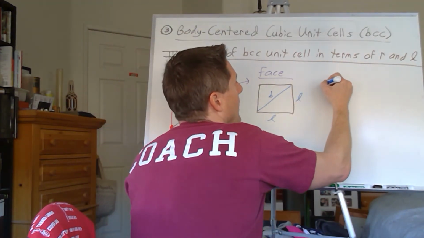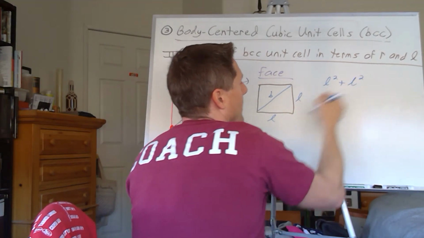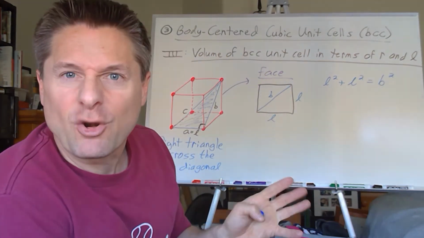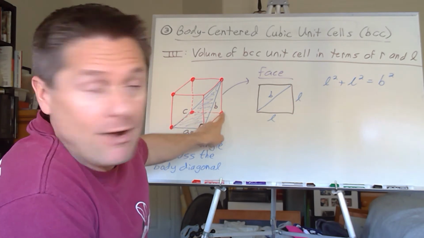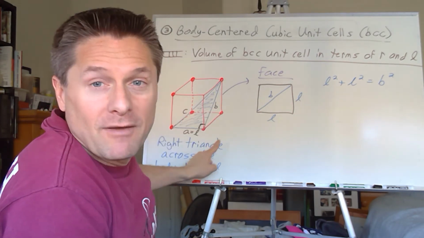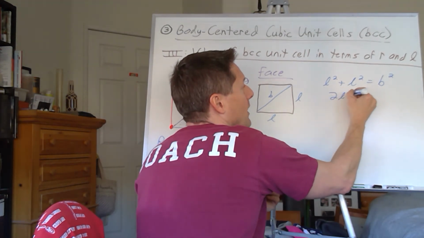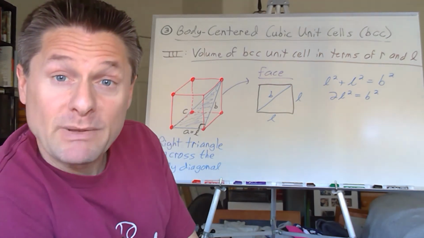So L squared plus L squared equals B squared, based on the terminology we did. And we're trying to isolate B so we can plug it into there. What is B along that face diagonal? So would you agree this would be 2L squared equals B squared?